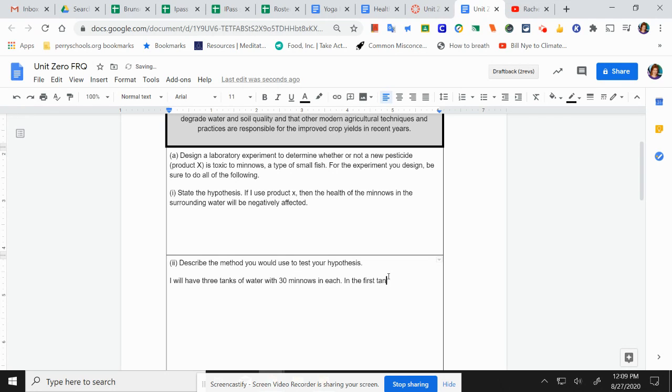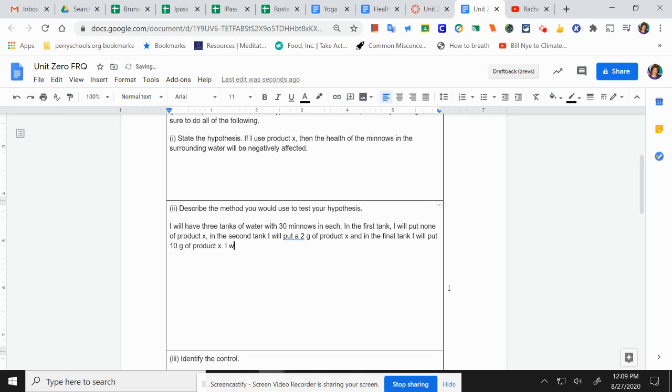In the first tank, I will put none of product X. In the second tank, I will put, just make up numbers because they don't care, a small amount, I'll say 2 grams of product X. And in the final tank, I will put 10 grams of product X. So I have my no product X, my small amount, and my larger amount, because maybe a little bit's okay, but a lot of it is not.